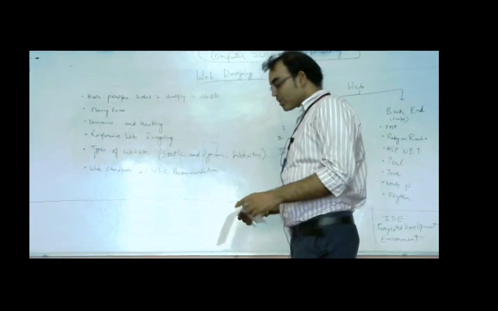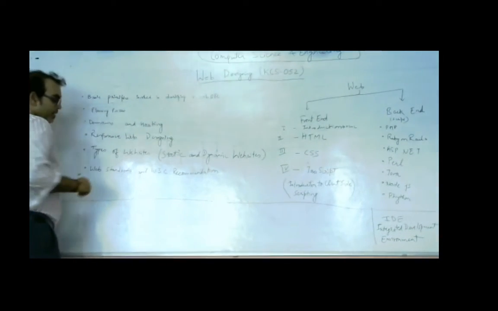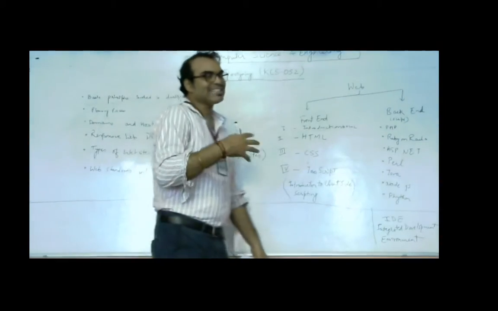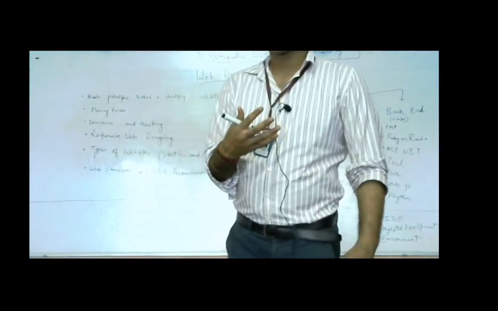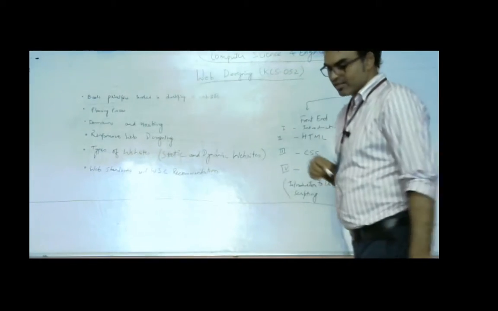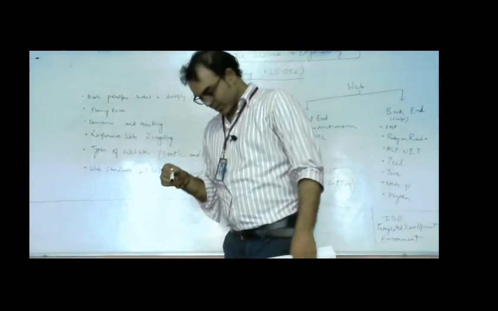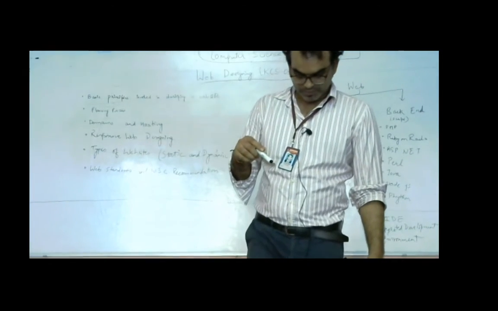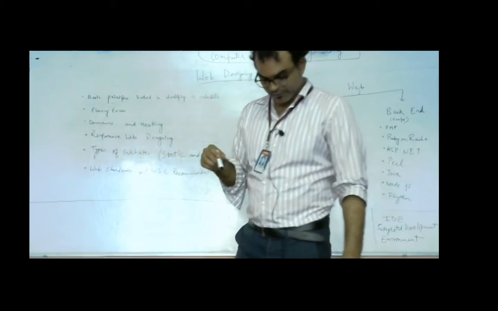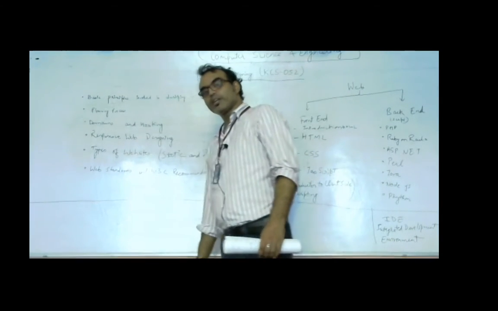Then there is a concept of how to make a responsive web design, because when we initialized our web development with the help of HTML in the 90s, we were able to make static web pages, and with the help of technology enhancements we are able to make responsive web design pages.